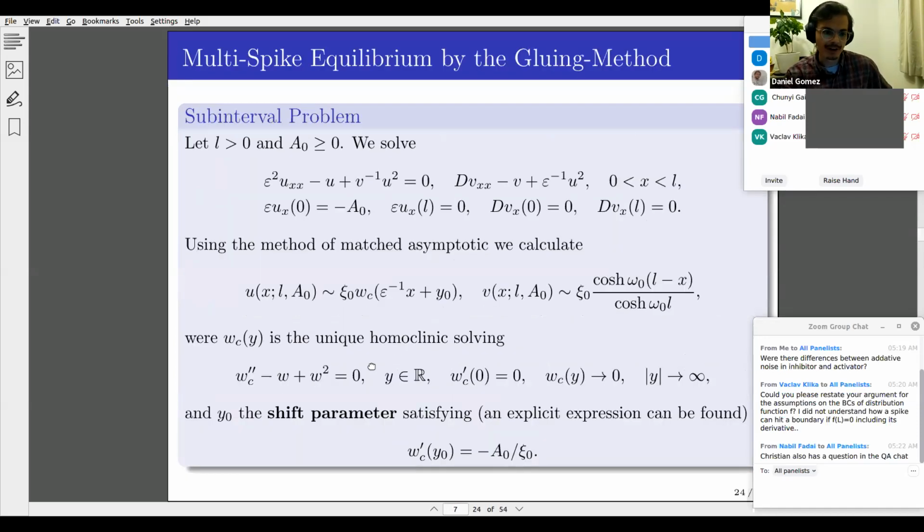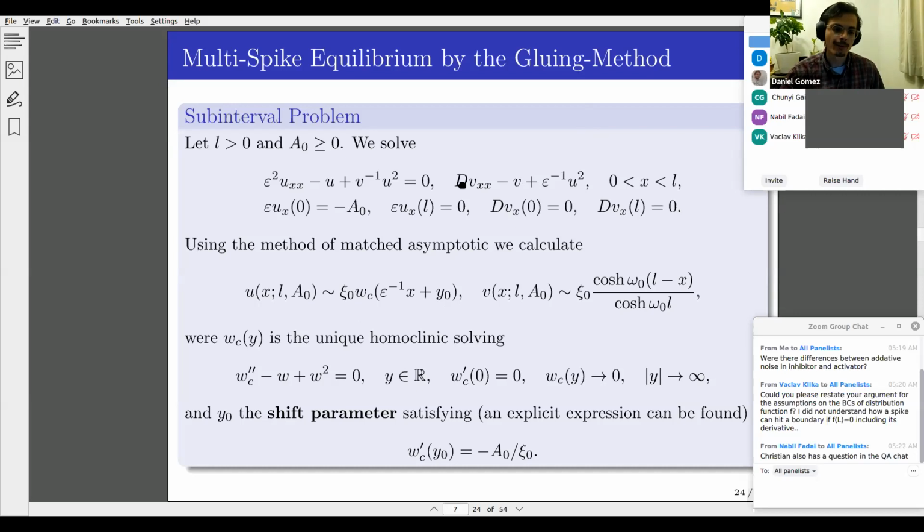So to start the analysis of these localized solutions, first we have to actually construct them. And there are two standard approaches for constructing these. The one I'm going to talk about is called the gluing method. The basic idea is to take your unit interval 0 to 1 and subdivide it into a bunch of subintervals, and on each one of those subintervals, construct a spike solution.